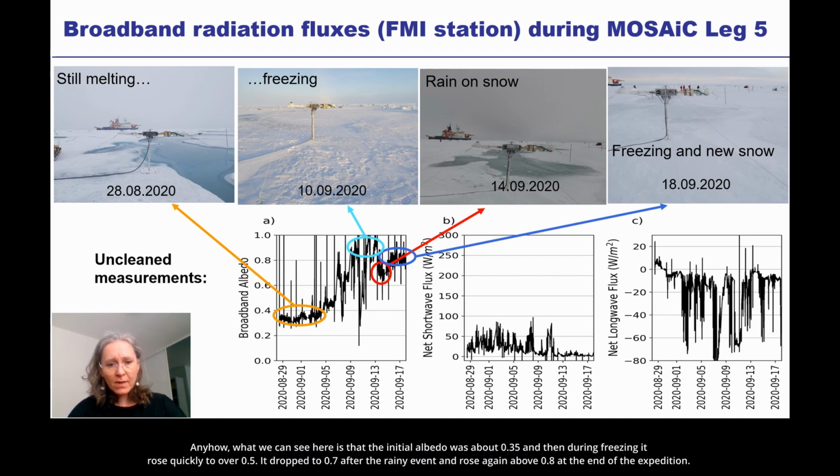Anyhow, what we can see here is that the initial albedo was around 0.35, and then during freezing it rose quickly to over 0.5. It rose to 0.7 after the rainy event and rose again above 0.8 at the end of the expedition.